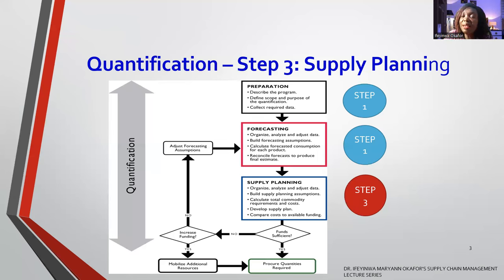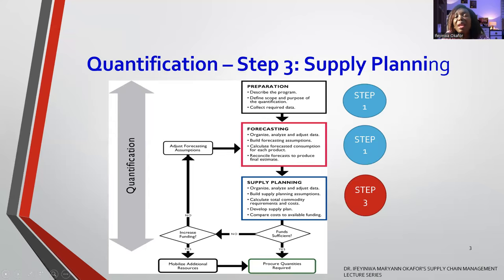And we said this data can be consumption data, demographic data, mobility data, and service data. Using these 4 different data, you can also calculate your forecasted quantities using 4 different methods that we discussed in the last lecture.